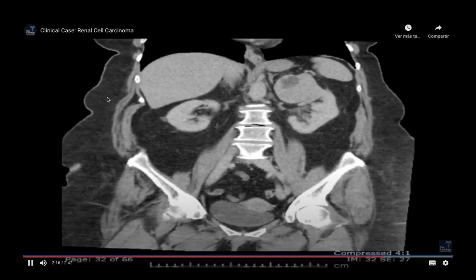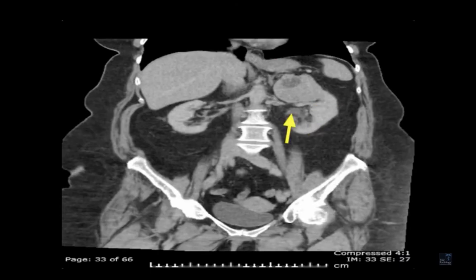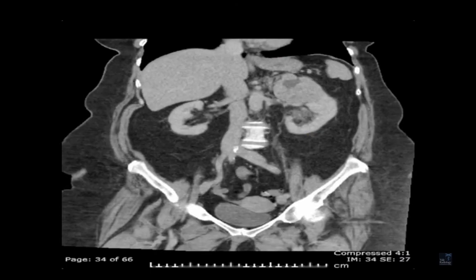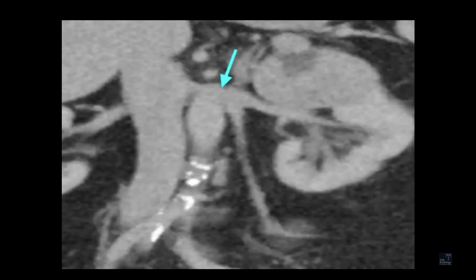Once again, you can see an exophytic, predominantly solid mass arising from the upper pole of the left kidney, compatible with a renal cell neoplasm. On this image, you can see some of the left collecting system, which will join to form the left renal pelvis. As we scroll, we can also see the left renal artery, as well as the left renal vein, which drains into the inferior vena cava.